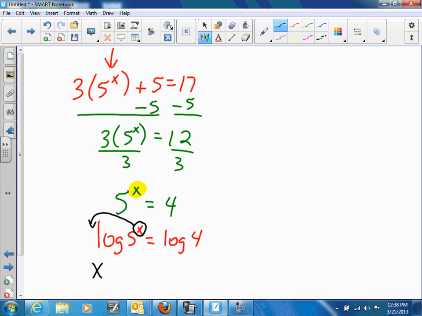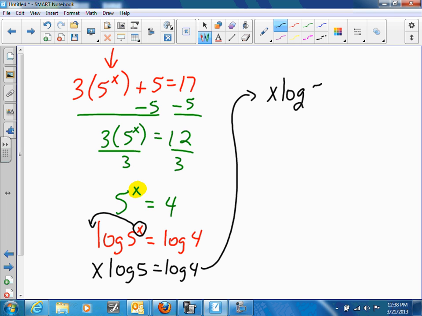And I get x times log base 10 of 5 equals log base 10 of 4. And if you come back up here, I can solve for x by simply dividing both sides by log 5. And that gives me my x value by itself.